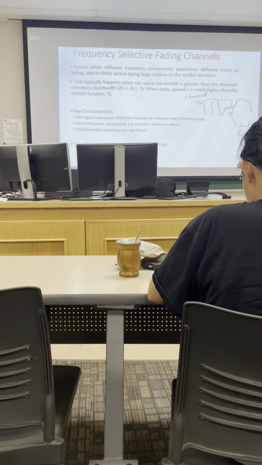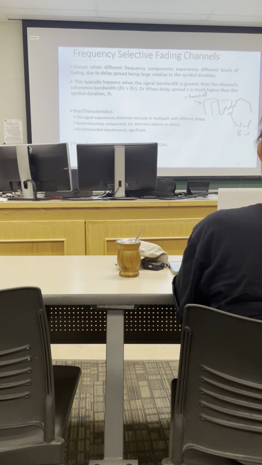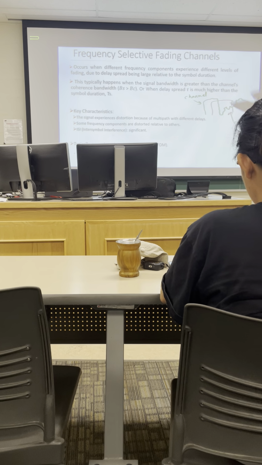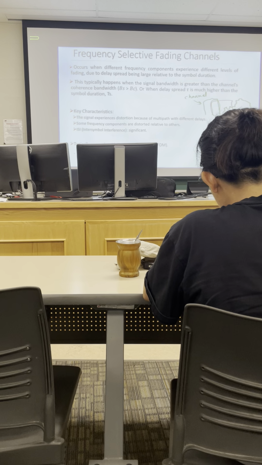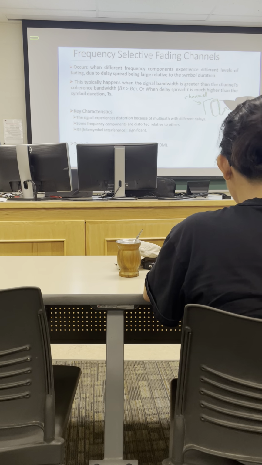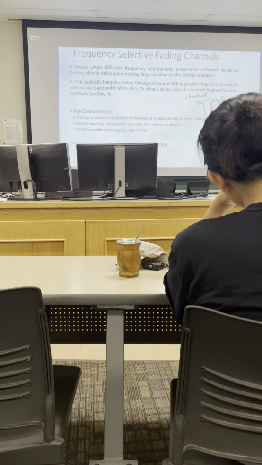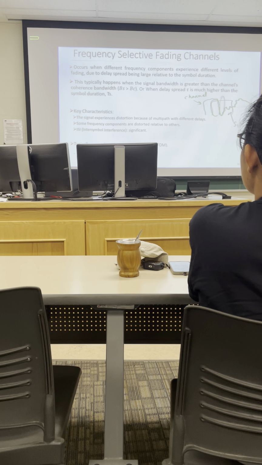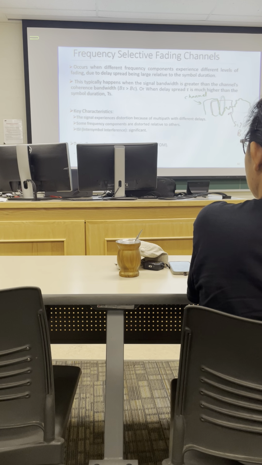In this case, because the frequency components of the signal do not experience the same behavior from the channel, I will select these components from the signal to be passed without any significant distortion, but maybe this one will be dropped, because when you multiply the frequency response of the channel times the frequency response of the signal bandwidth itself, this kind of small variation or small drop will vanish some components of the signal.